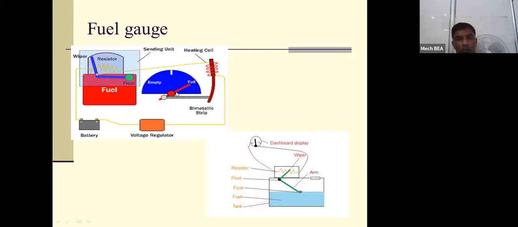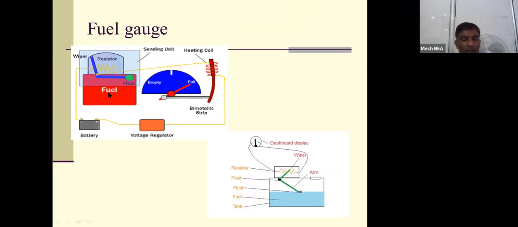Whatever panel is in front of the driver is called the dashboard. On the dashboard, such a meter is provided which indicates whether the fuel tank is full or empty, or it will show the exact amount of fuel inside the tank.